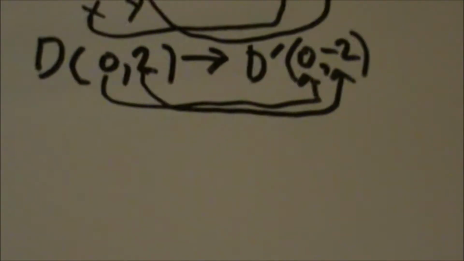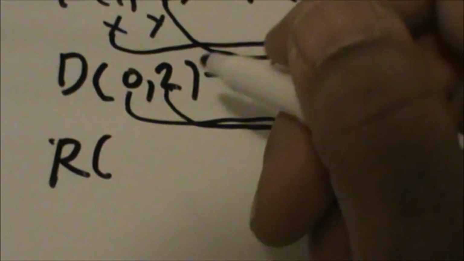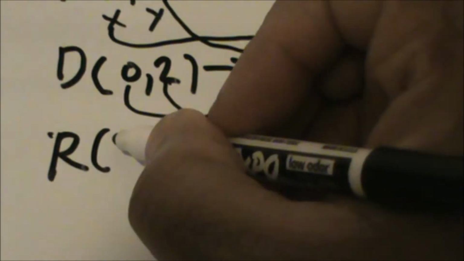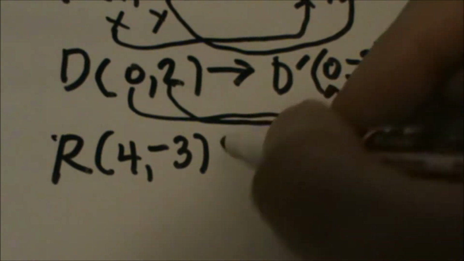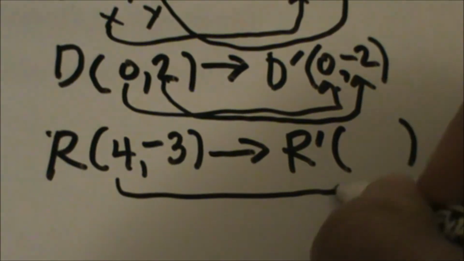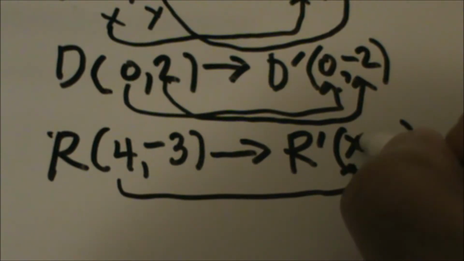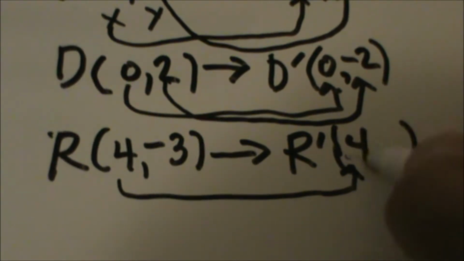I'm going to pull it up just a little bit, and we're going to do the R value. R in its original pre-image. And then I'm going to do the reflection, which is R prime. Now X in its reflection remains the same.